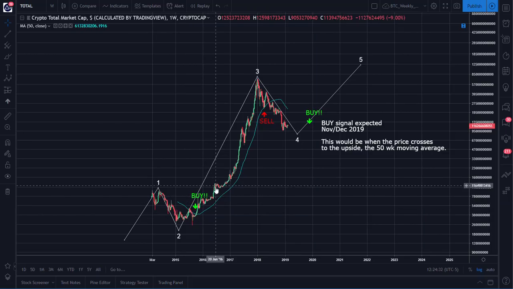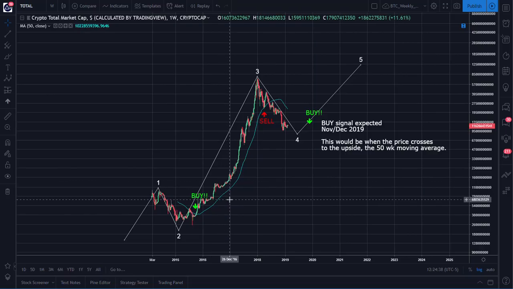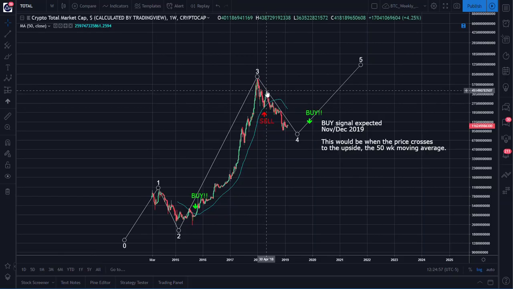Didn't care about the drops, the corrections, unless it crossed to the downside of the 50-week moving average. The buffer zone between the 50-week moving average and the actual price level was pretty wide and consistent. It went exponential, parabolic, and it hit and bounced off and then crossed it.